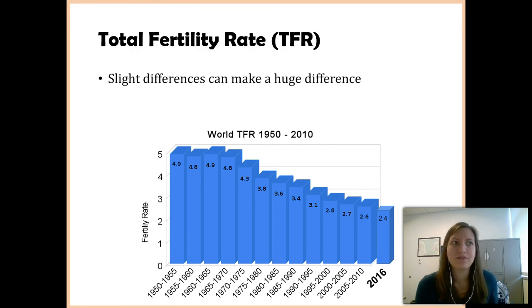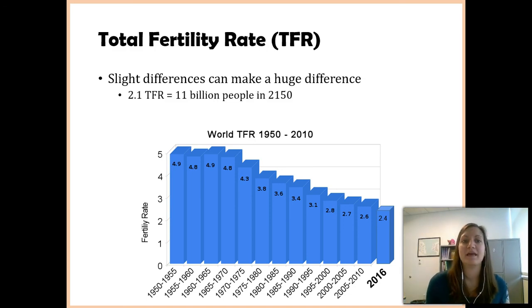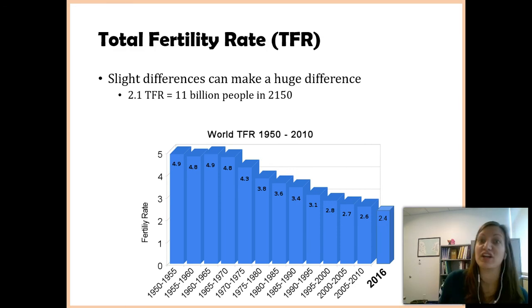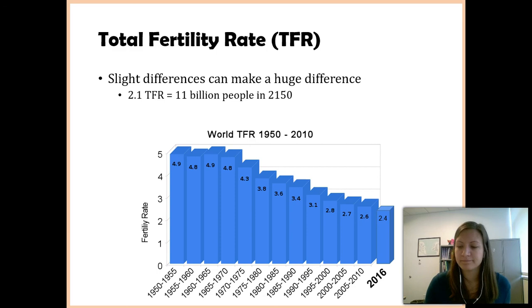Now you may think, well, 2.1, okay, why does that matter? Well, I just want to show you a quick comparison. If we were to start right now at having a TFR of 2.1, that means we'll have around 11 billion people in like 130 years. Okay.